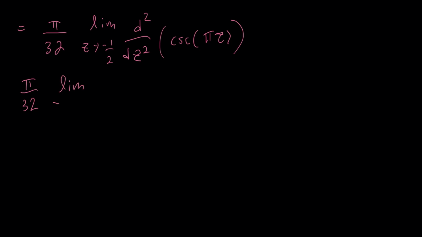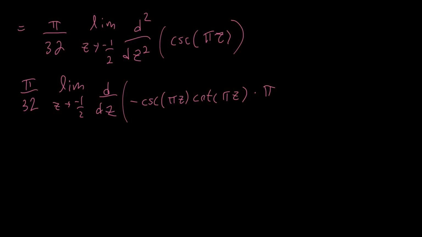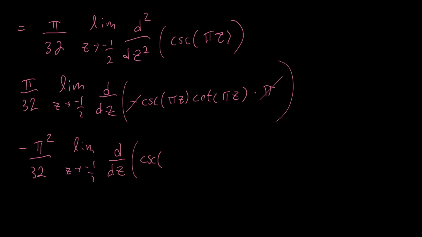And evaluating that first derivative, we're going to have a pi over 32 times the limit as z approaches minus a half of the first derivative of the derivative of cosecant of pi z, which is negative cosecant of pi z cotangent of pi z times pi. We can factor out the minus pi, so we have a minus pi squared over 32 times the limit as z approaches minus a half of the first derivative of the cosecant of pi z times the cotangent of pi z.